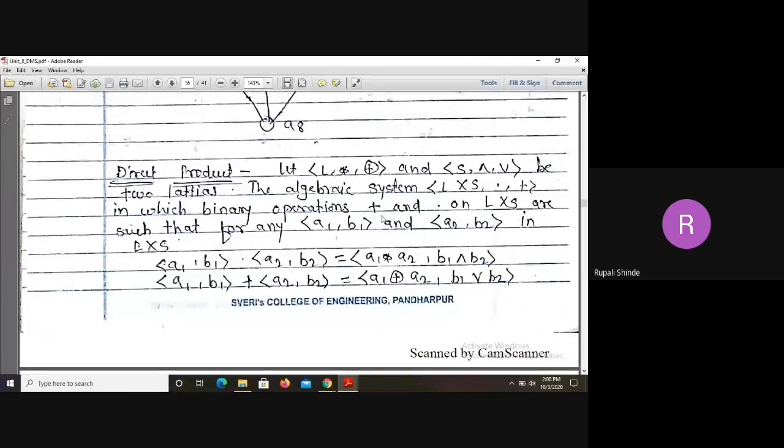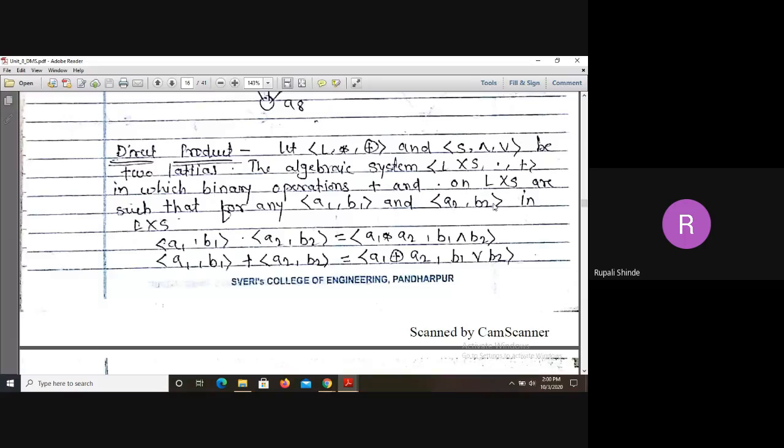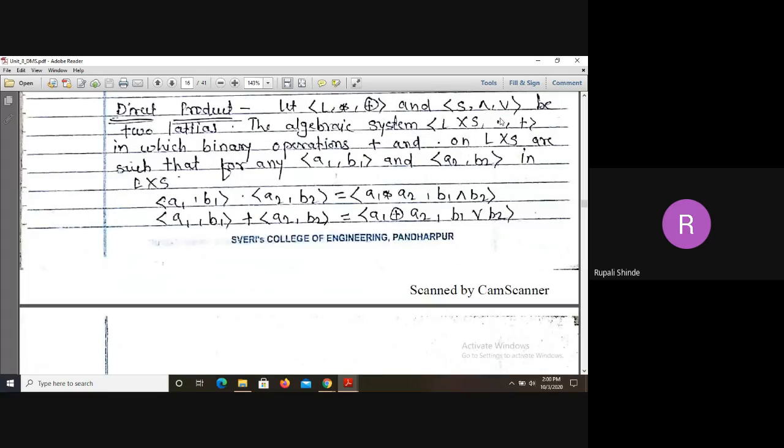These binary operations plus and dot on L direct product S are such that for any two ordered pairs A1 B1 and A2 B2 in L direct product S, the dot operation is defined as A1 B1 dot A2 B2 equals A1 star A2, and B1 and B2.